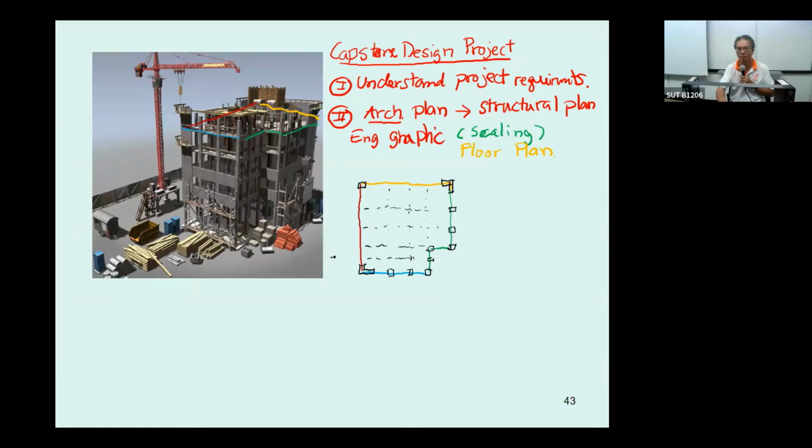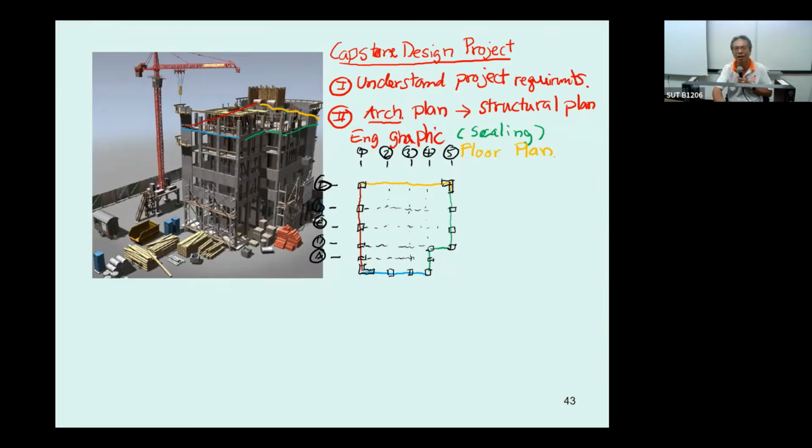For example, this is going to be the reference line, and this is also going to be the reference line. And then you say this is going to be line A, B, C, D, and E. And over here is maybe line 1, 2, 3, 4, and 5. And then you put the position of the column, okay, into the grid line that you sketched out.